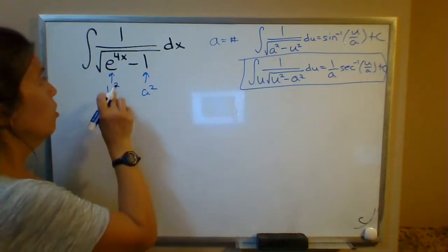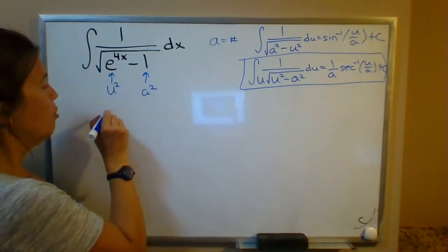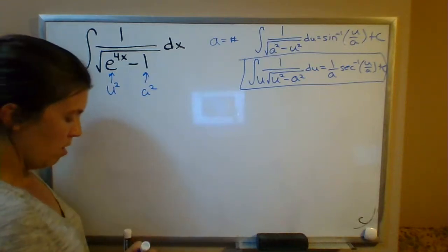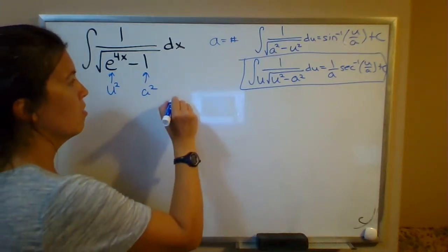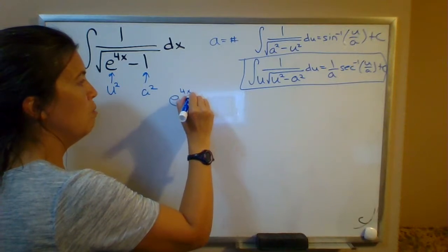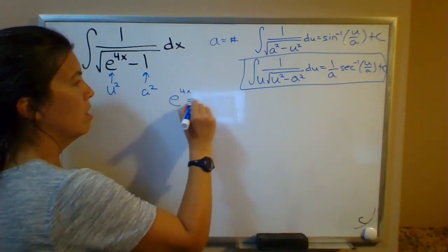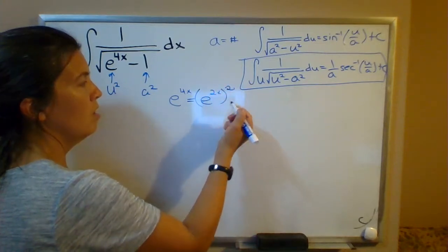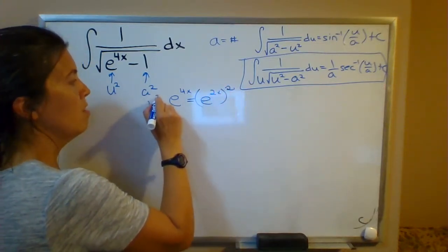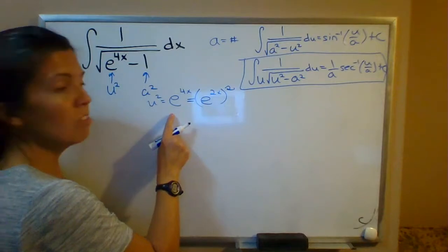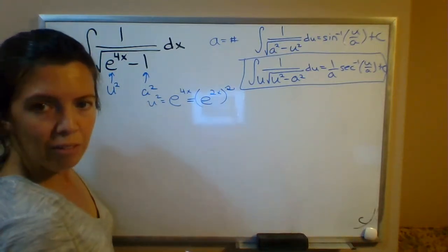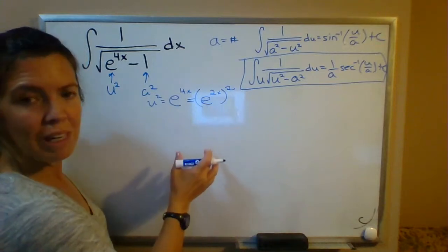Also, if u squared is equal to e to the 4x, something to note there is that e to the 4x can be written as e to the 2x squared. So if u squared is equal to e to the 4x, sorry about the glare there from the laptop, it's a rudimentary setup I have here making these videos.